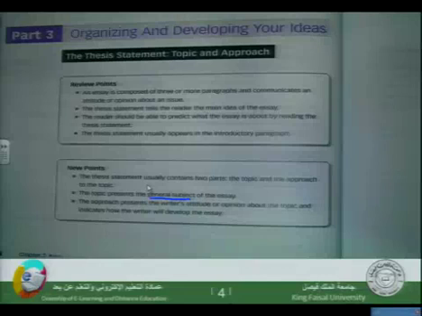And it gives the reader an indication that you will express something negative about this point.